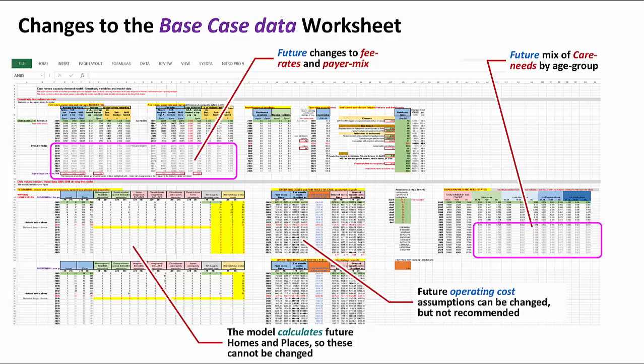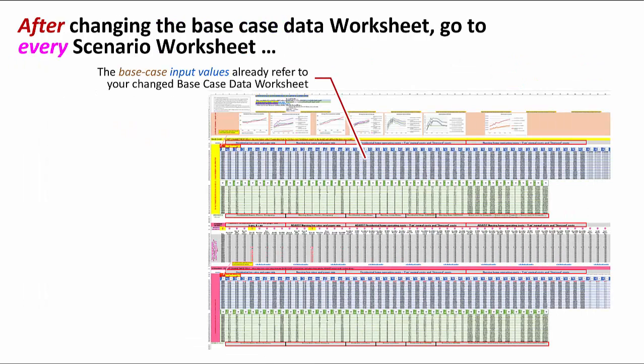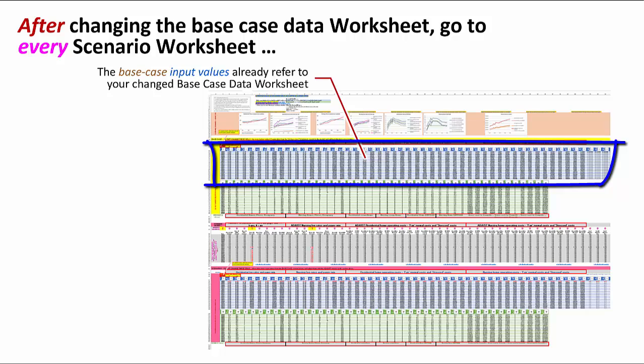Now, when you make those changes in the base case data worksheet, they are referenced by all of the scenario worksheets that lie behind it. So the base case data you just changed in the base case data worksheet will now be automatically referenced in the base case section of every one of the scenario worksheets.